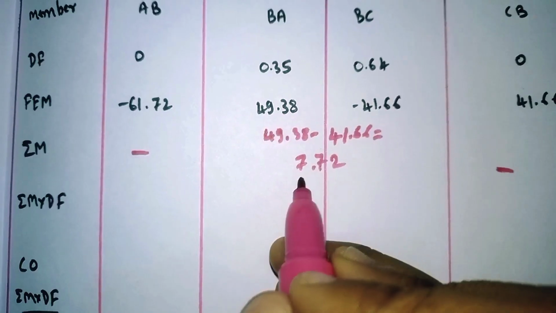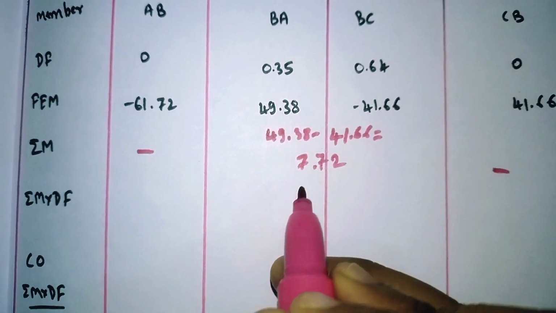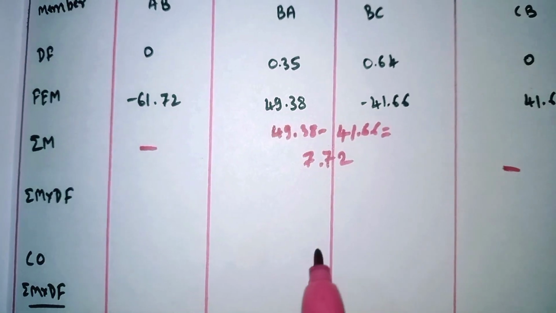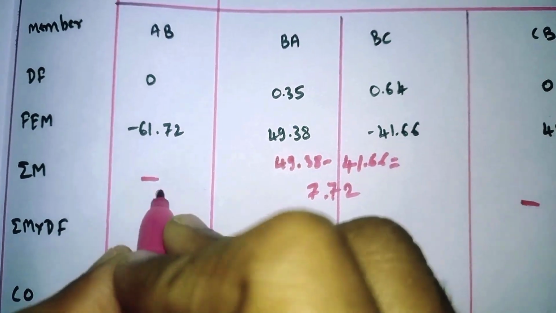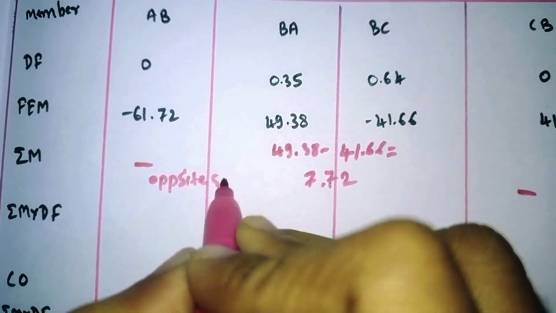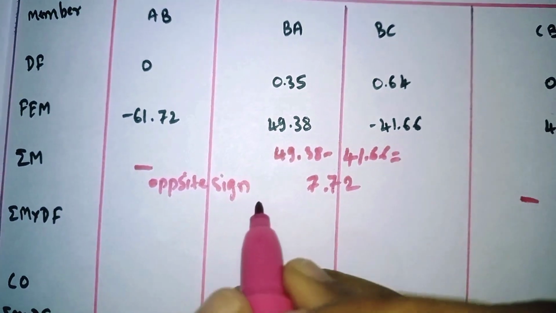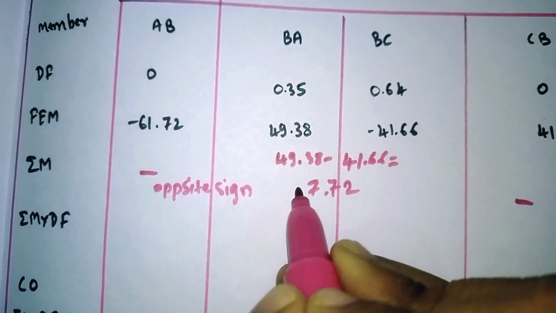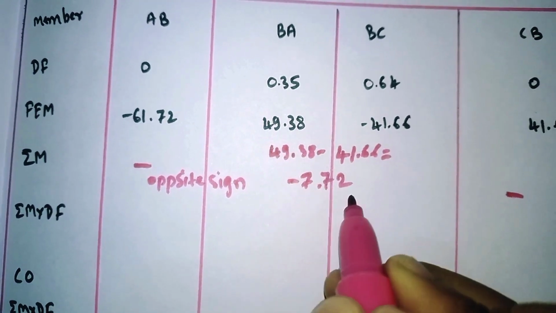If we get the value in positive we have to make it negative, and if we get the value in negative we have to make that positive. This is the important thing, we have to remember this opposite sign. Now we are getting the value in positive, so I am making it negative, minus 7.72.